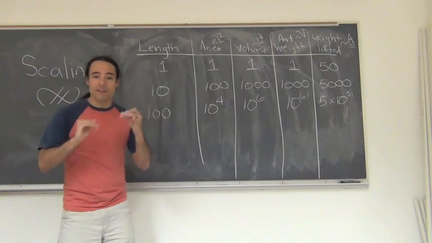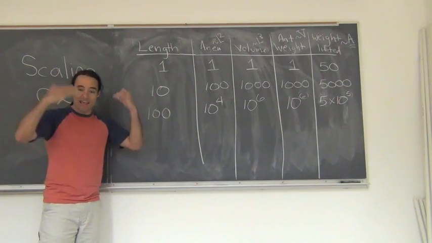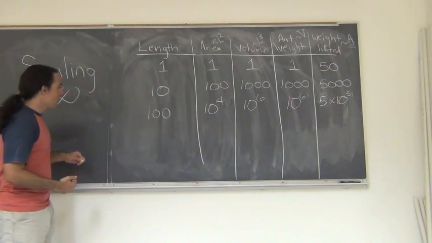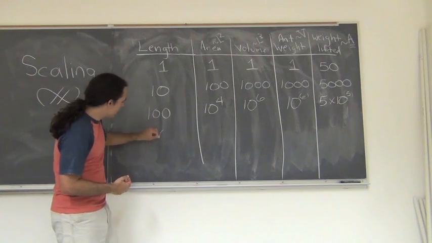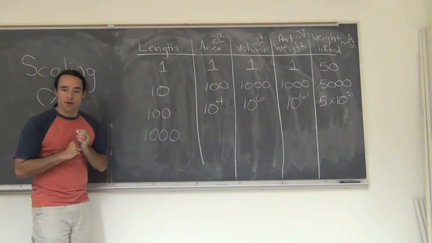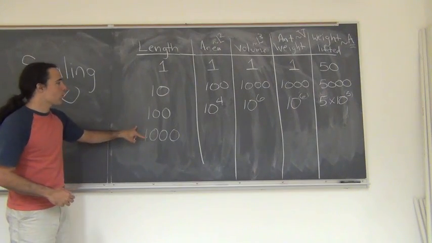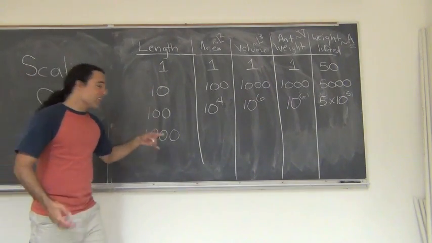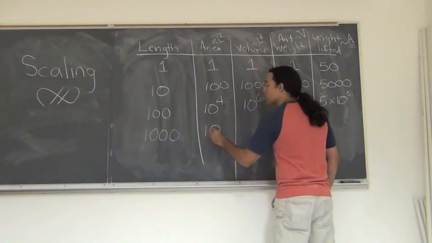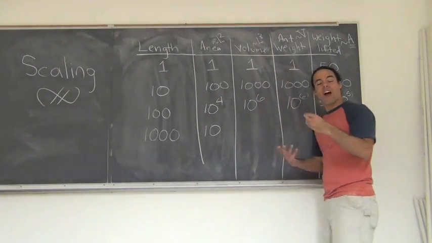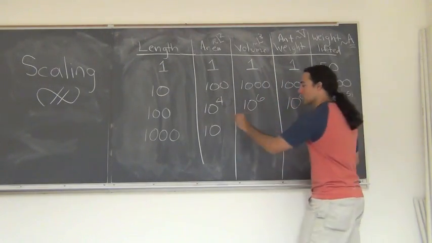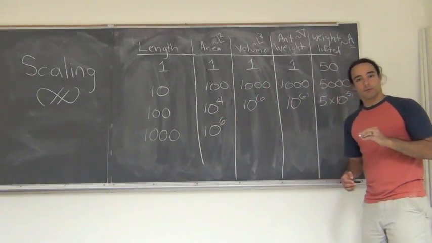Let's say I made a really big ant, a human-sized ant, an ant that was as tall as me. Well, that ant would have to be 1,000 times bigger than it is at present. 1,000 times bigger than a normal ant, which means its area is going to go up by 1,000 squared. 1,000 squared is 1,000,000, 10 to the 6.